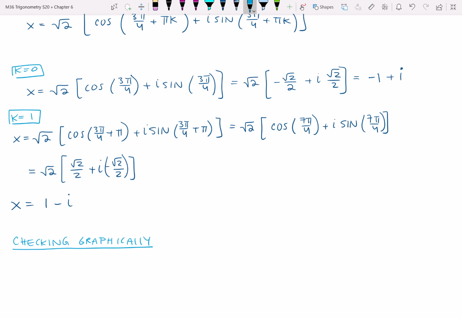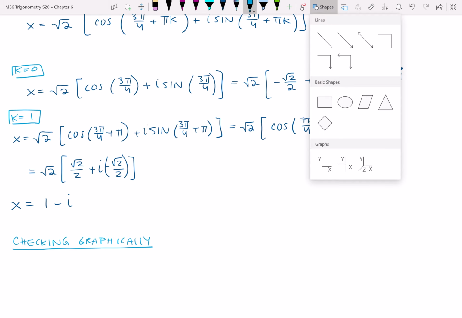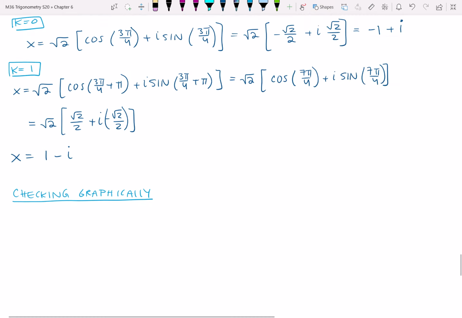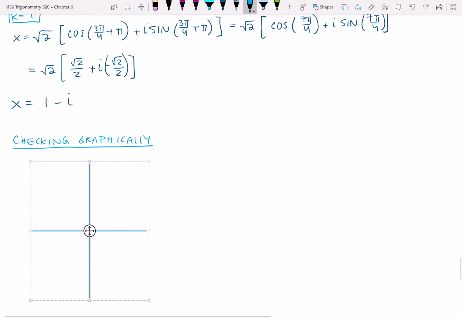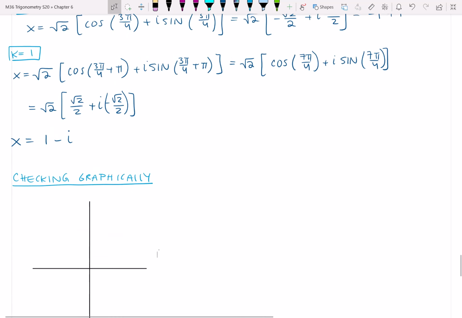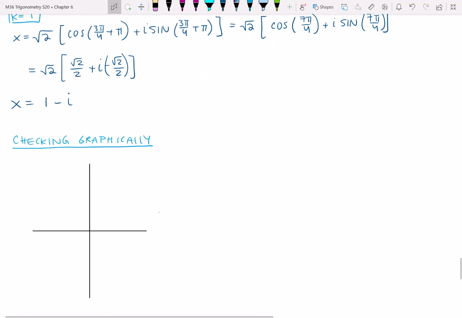Our first solution was negative 1 plus I, so that's going to give us a point here. And then 1 minus I is right here. So notice that these are equal distance from each other.